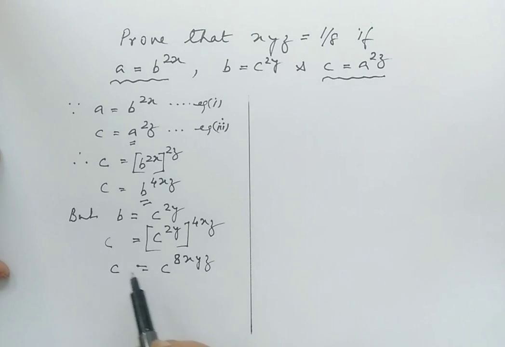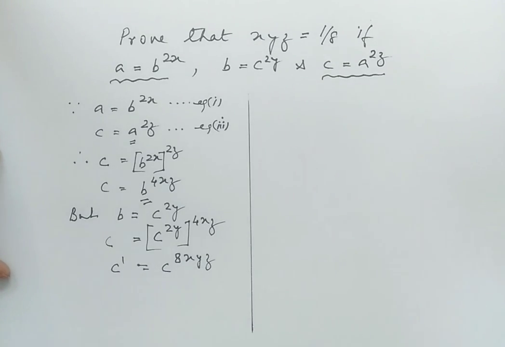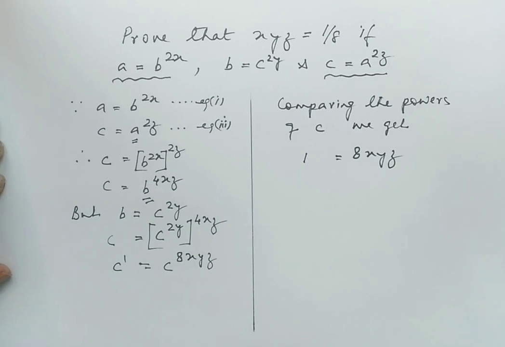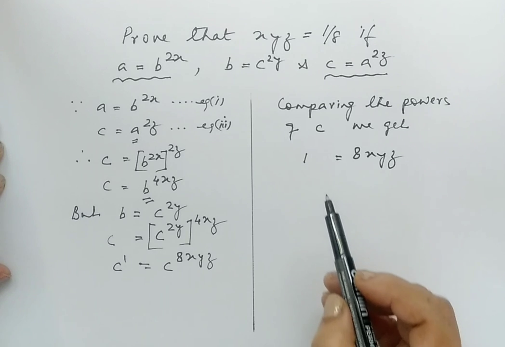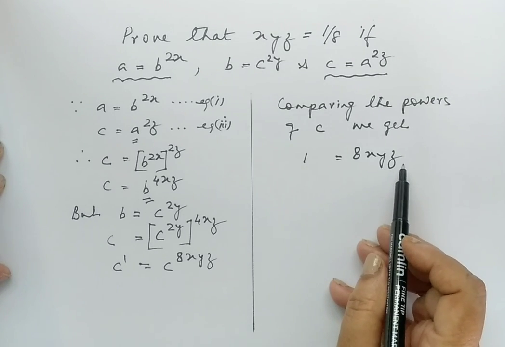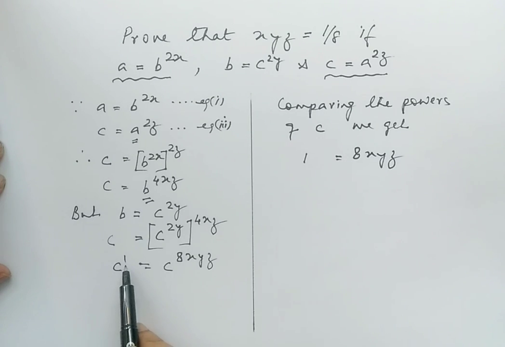So since c has an exponent of 1, whereas this c has an exponent of 8xyz, so we can compare their powers. So 1 equals to 8xyz when we are comparing the powers of c.